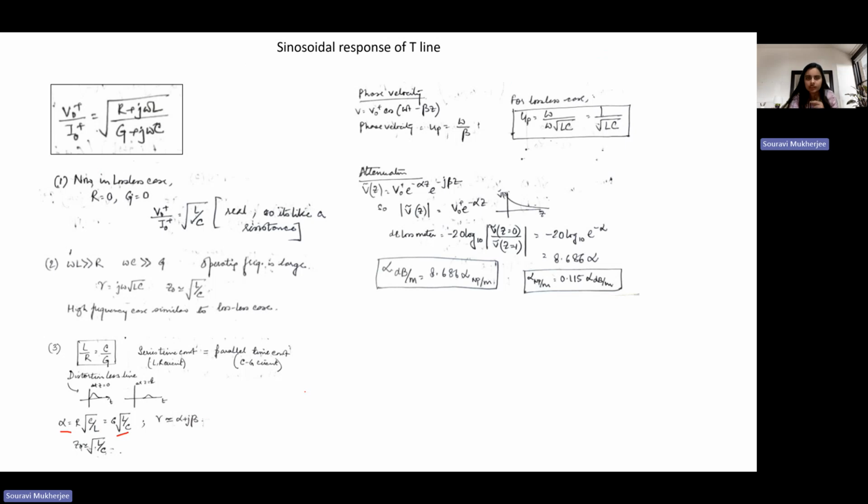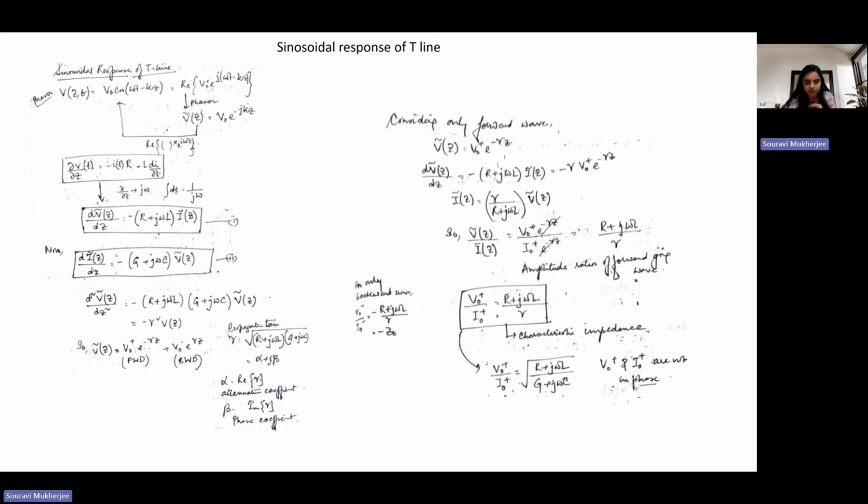Right. Now, what is the phase velocity, or the velocity of propagation, of this voltage wave? So if you consider the lossless case where alpha is 0, your gamma only becomes j into beta, right?